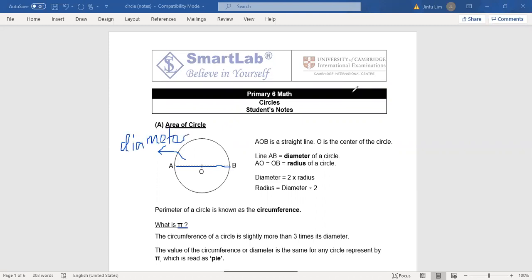So what is the relationship between the diameter and the radius of the circle? Diameter is equal to 2 times the radius. Okay, that's the relationship between diameter and radius.